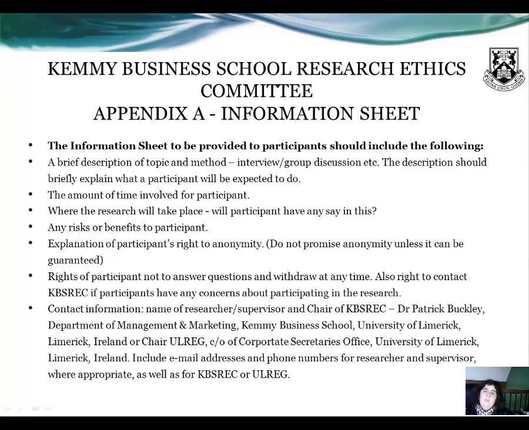Copies of the information sheet such as this should be provided to informants, which include a brief description of topic and method. It should explain what a participant will be expected to do, the amount of time involved, where the research will take place, whether the location can change, any benefits or risks to the participants, and an explanation of the rights to anonymity.